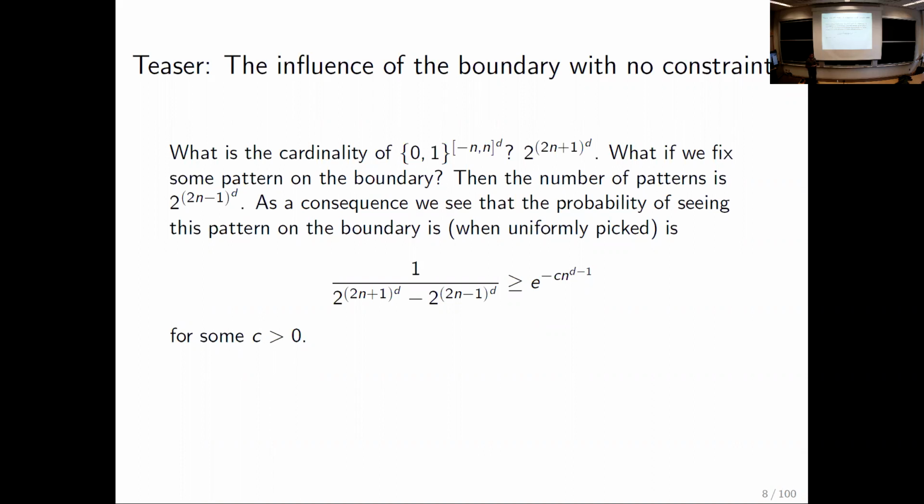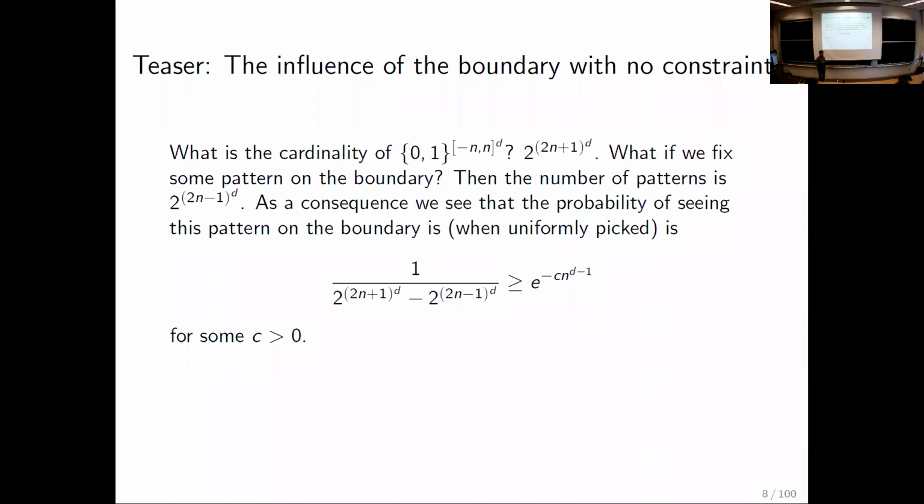So what do you mean by some pattern on the boundary? When I was looking at the cardinality of these, I didn't fix what the boundary is. Now we just take the boundary. What is the boundary? You can just take the inner vertex boundary.